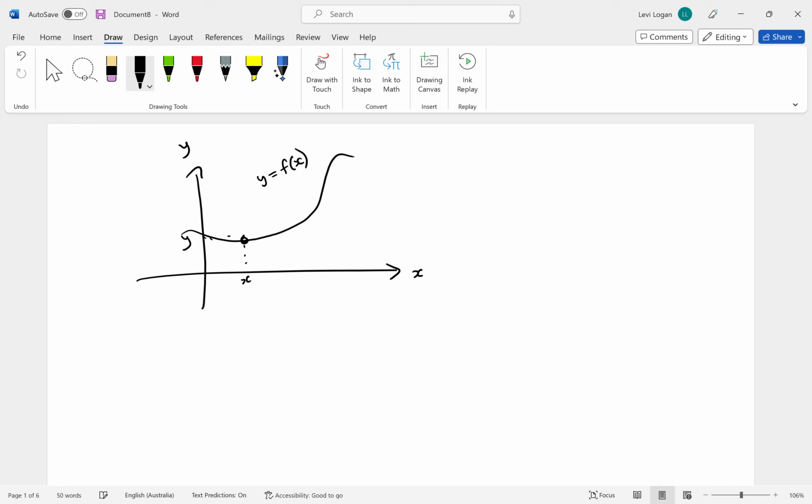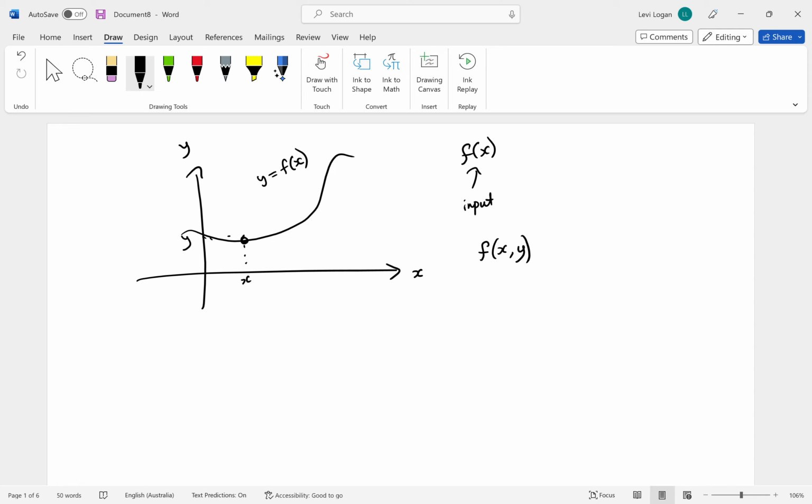Instead of having f of x with just one input, we're going to think of a whole new idea: f of x and y, where it requires an x and a y value to get out a number. In other words, we were dealing with curves. If you have one input and you get one output, you get a curve.